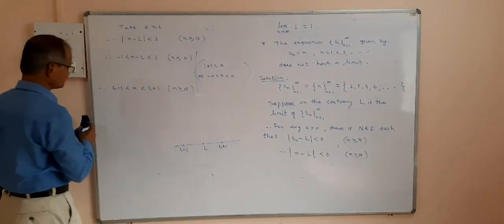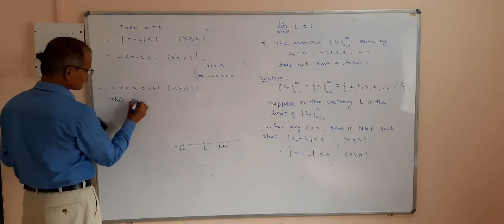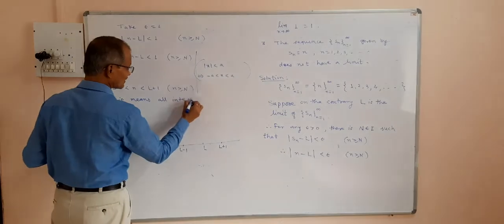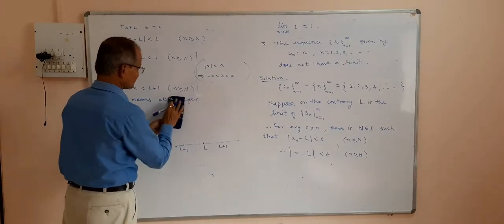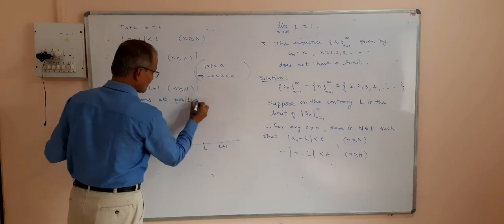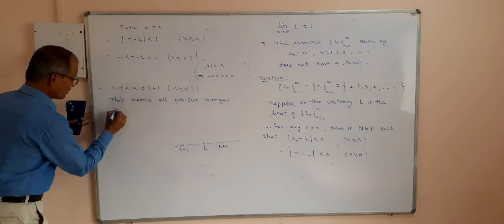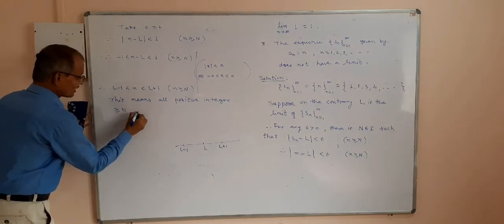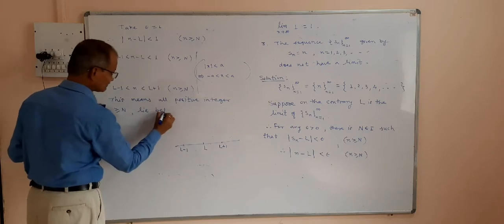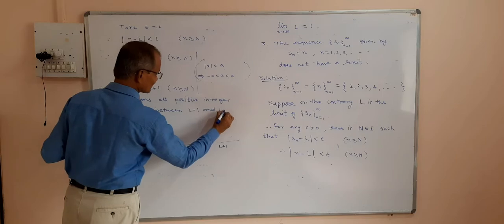This means all positive integers greater than or equal to N lie between L minus 1 and L plus 1.